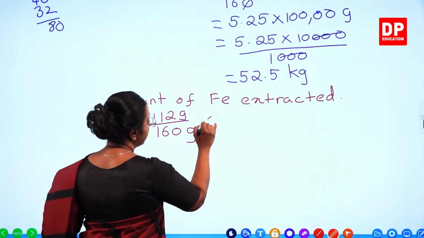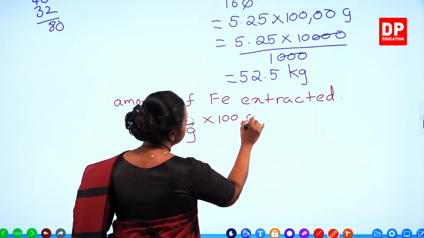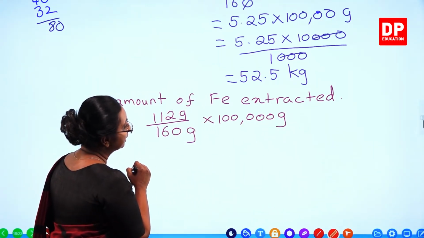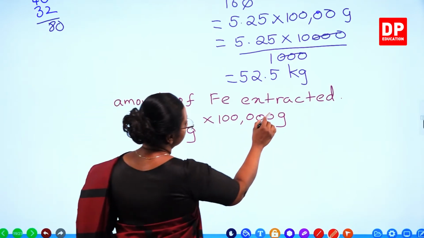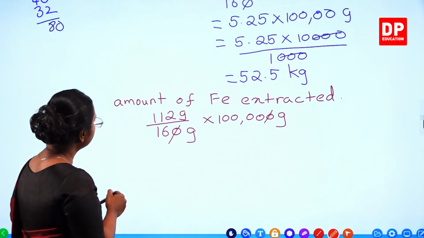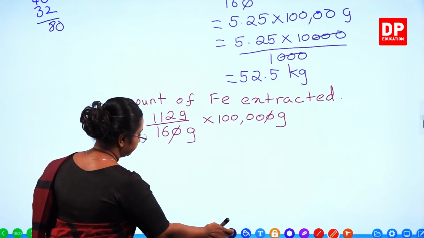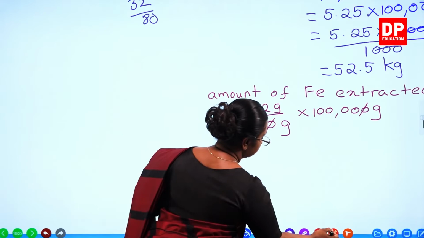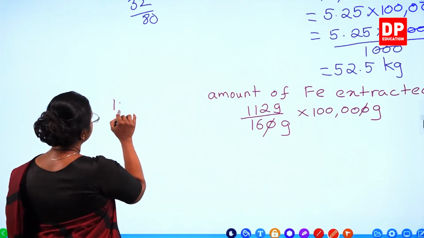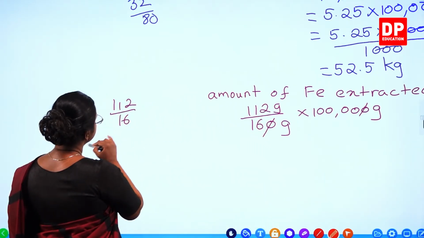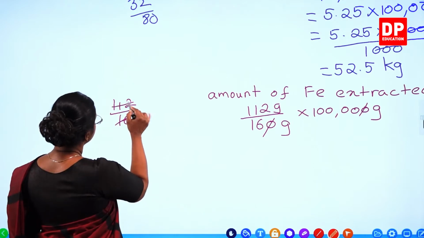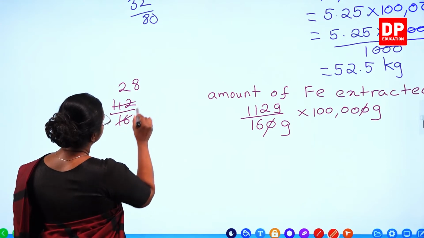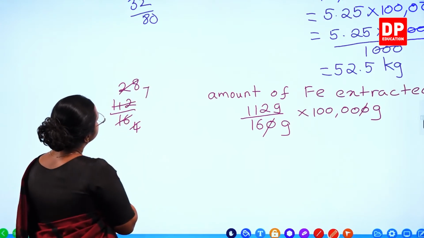Here we are using 100,000 grams of hematite, so that is how we do the calculation. Again, if we try to simplify this, if you divide 112 by 16, we can simplify it by 4, 8. So that is going to be 7.